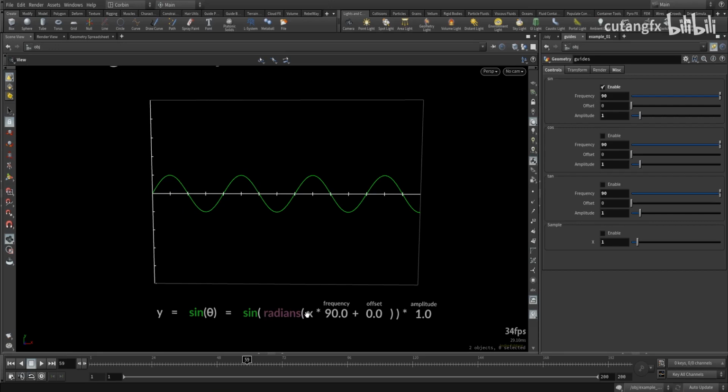And so if we use x as part of theta, right? If we just said sine of x, then we would get a wave forming along this line, because as the x value increases, it moves through the sine wave, okay? And so what we're doing is we're setting the y value of our points based on the sine of x, okay?